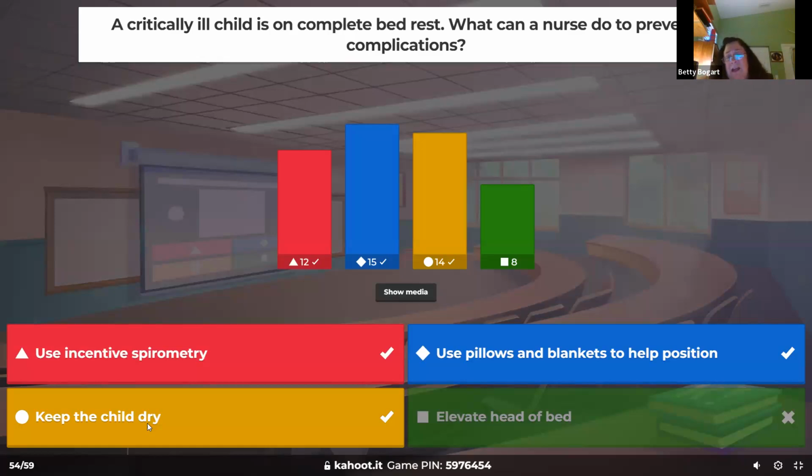And elevating the head of bed really doesn't prevent many complications. And many children, because of certain things, aren't allowed to get their head of the bed elevated. But all the other stuff is good. And again, medicating them for pain to be able to turn, to cough, to deep breathe and do that stuff.